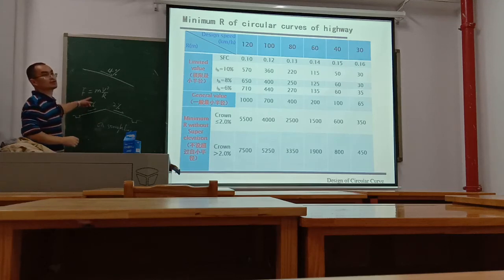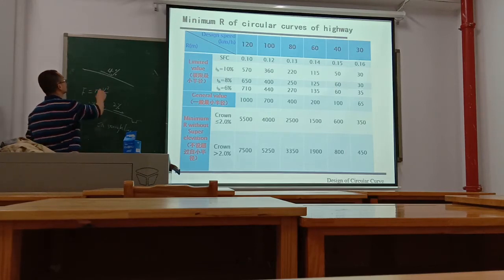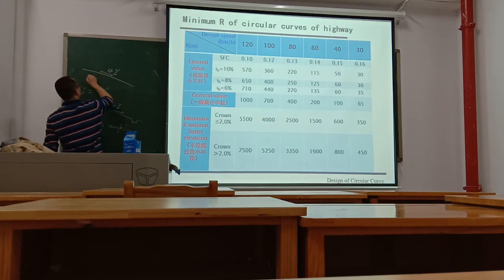Do you understand this formula? F is centrifugal force. V is velocity on the circular curve.